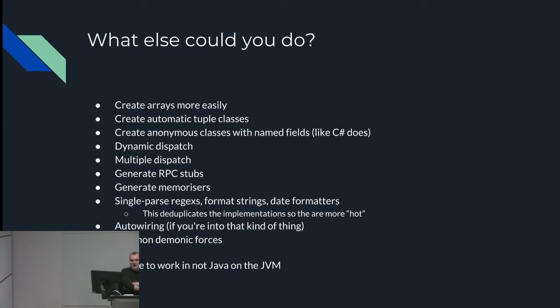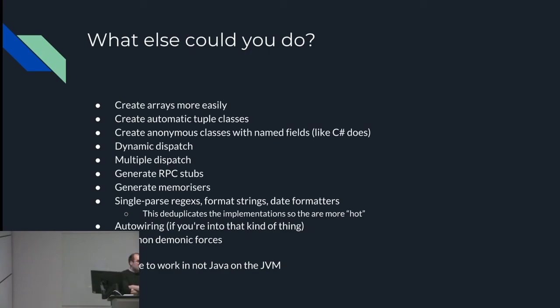So what other kinds of things could you do? Well, creating arrays in JVM bytecode is a pain, so create a method that does that. If you look in the Groovy source code, there is a class called arrays, which is 250 something methods that all just take all their arguments and put them in an array, because that's more efficient bytecode-wise than actually creating an array of the right size and putting all the arguments in one at a time.